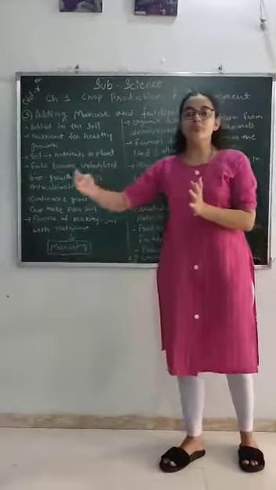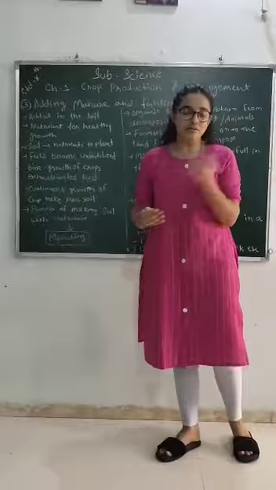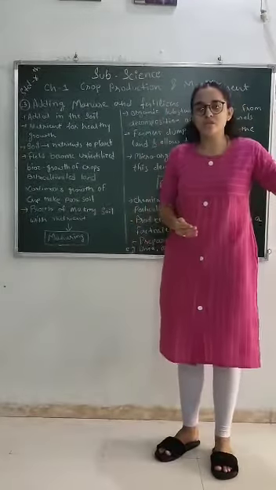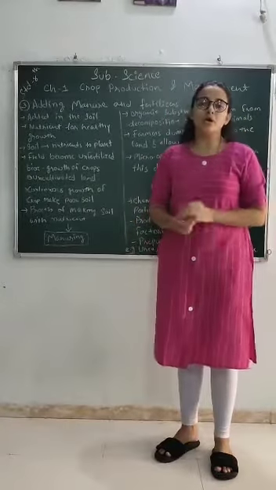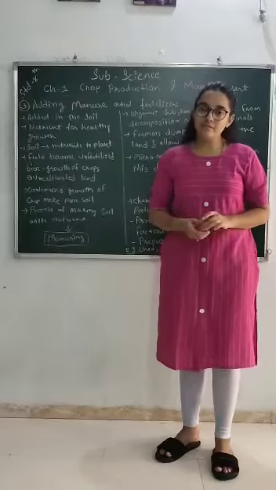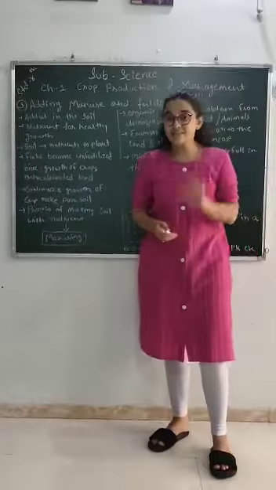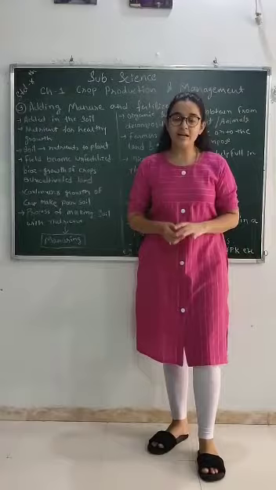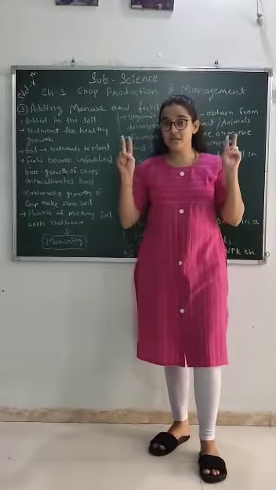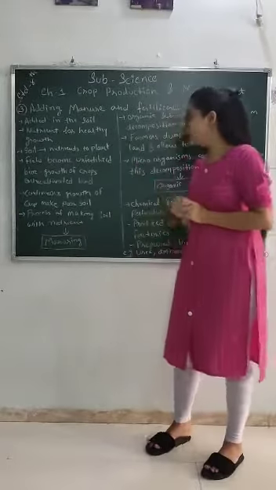Continuous growth of plants makes poor land. Continuously and vigorously developing a crop in the same field leaves less nutrition inside the soil, and that condition we call unfertilized soil.